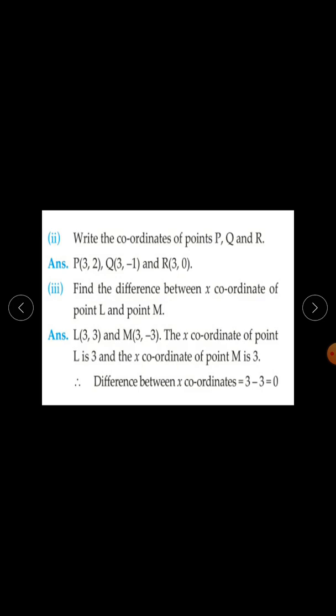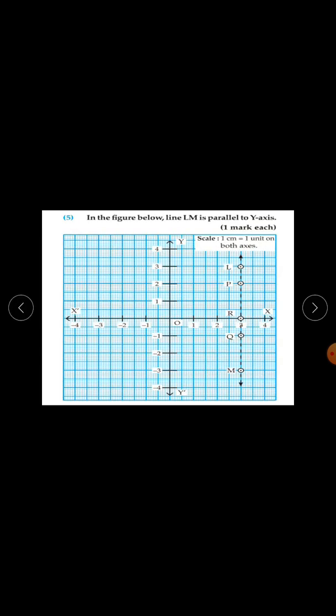Third sub question. Find the difference between the x coordinate of point L and point M. What are the coordinates of point L? For point L, the x coordinate is 3 and the y coordinate is 3.